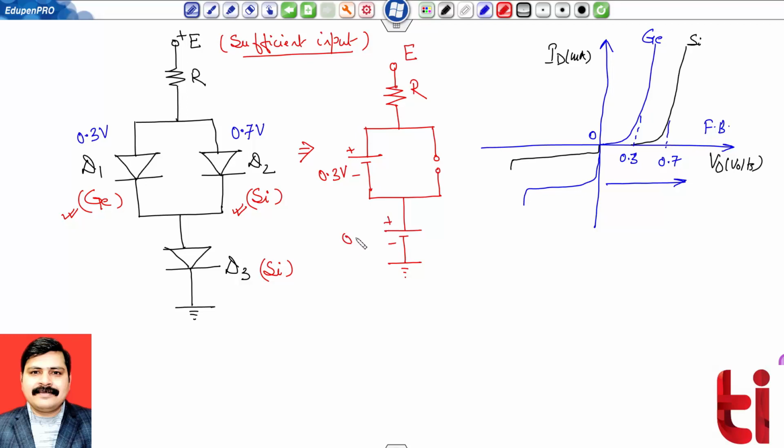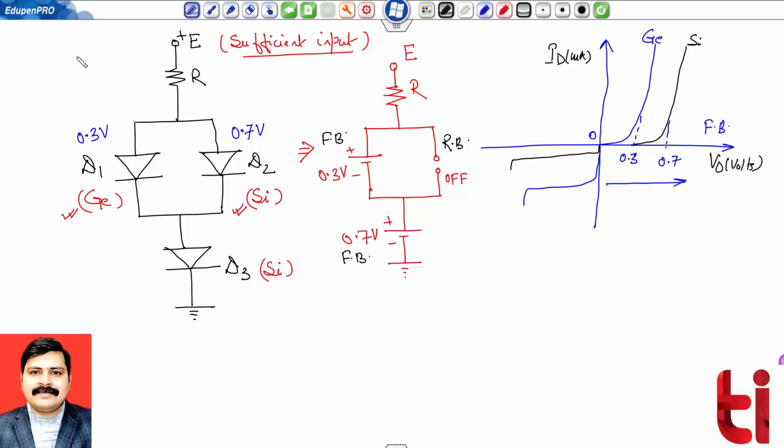This is 0.7 volt, and this is off. So I'm marking over here: this is off as it is reverse bias, on as it is forward bias, on as it is forward bias. So this is the situation.